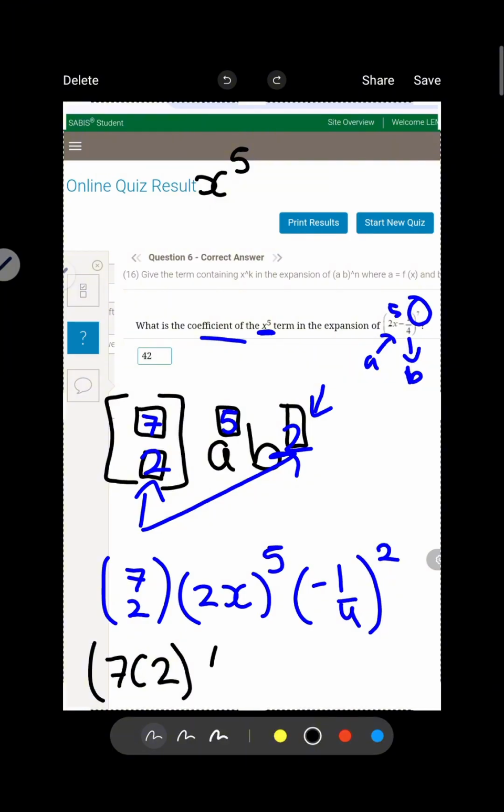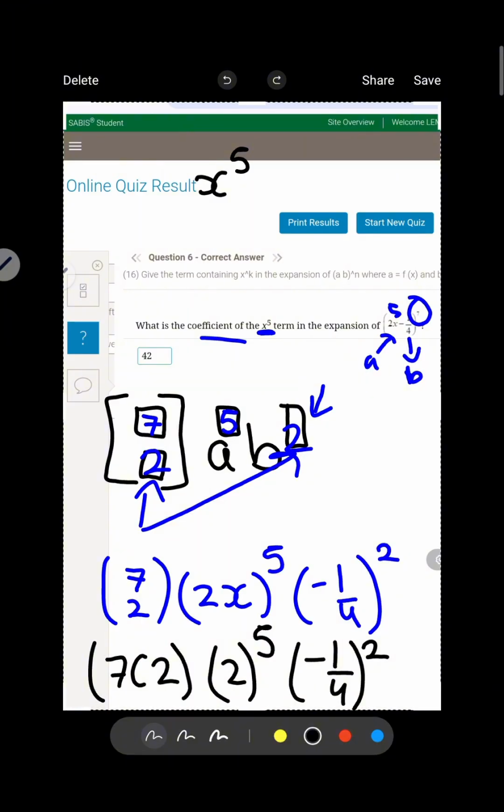Now, here you put 2 to the power of 5 and negative 1 over 4 squared. When you put it in the calculator, don't forget to put the brackets. Because if you don't put the brackets, you're going to get a wrong answer or even an error. And of course, you don't want to get an error in the exam. So you are going to get 42.